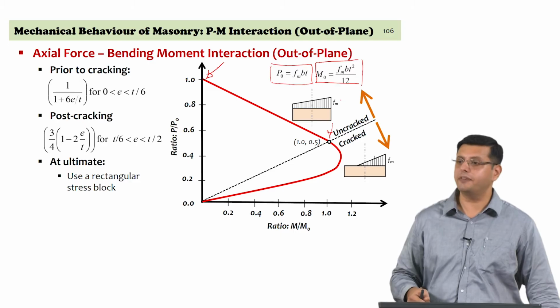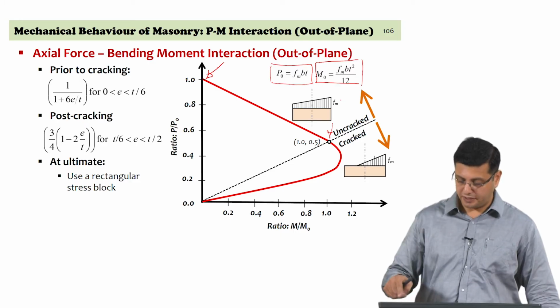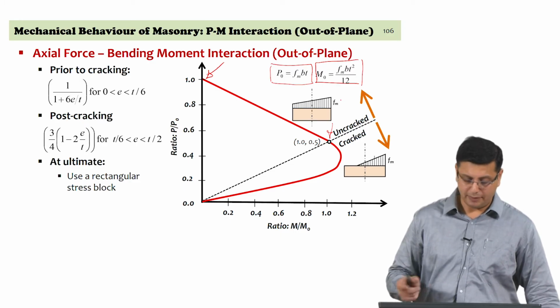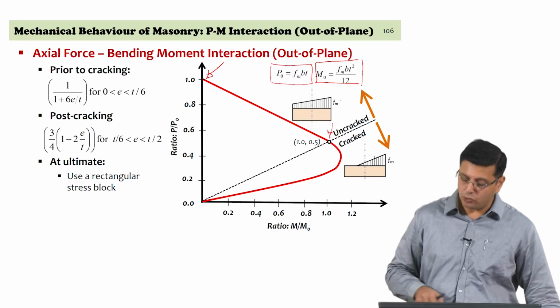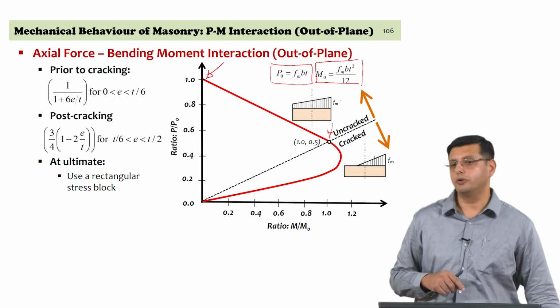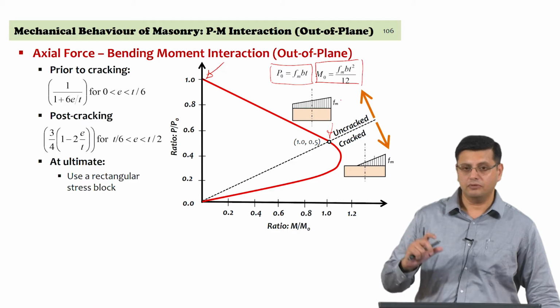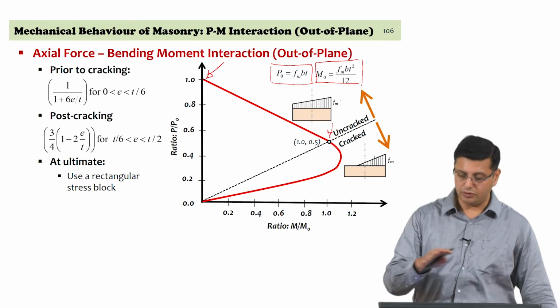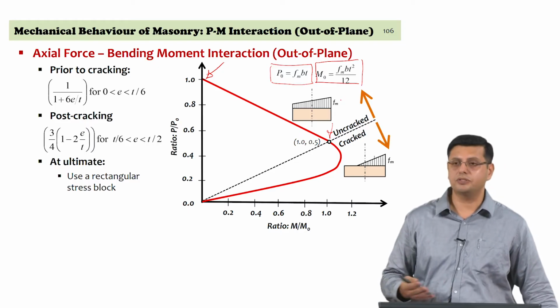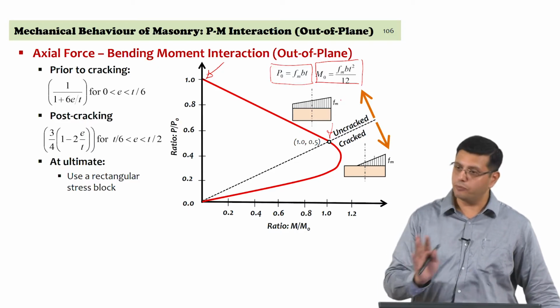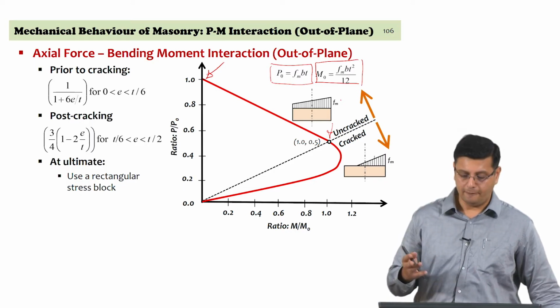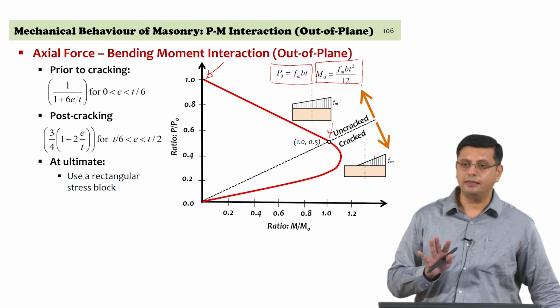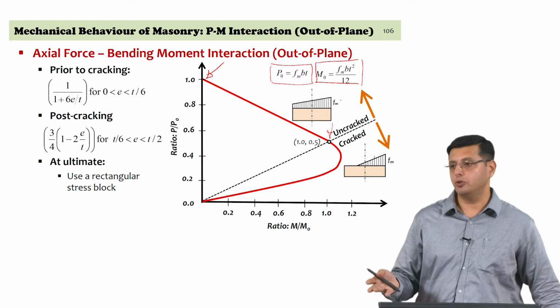Then you come to the second phase of the cross section and its bending moment capacity and axial force capacity, and then you come to the final stage where you will want to replace the force resultant with that which corresponds to the rectangular stress block. So, this is a simple framework that you can use to develop the axial force bending moment interaction surface, which can then be used for design.